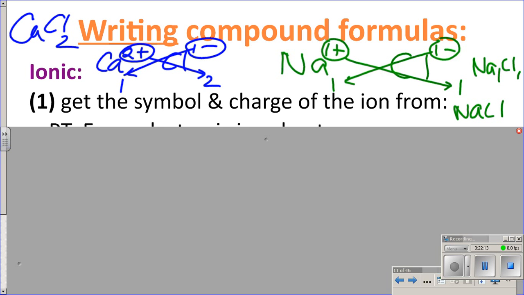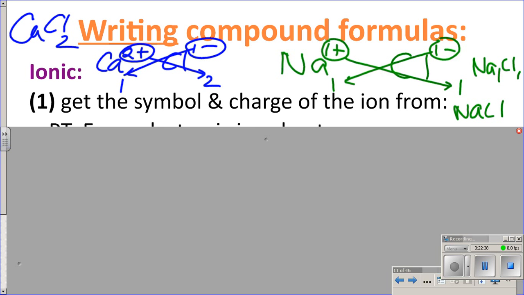Okay, so this makes sense though. If sodium carries a 1 plus charge and chlorine carries a 1 minus charge, what's their overall charge together? 0. They negate each other, right? If I have 1 calcium, which carries a what charge? 2 plus charge, and I have 2 chlorines, which each carry a negative 1 charge, what's their overall charge together? 0.